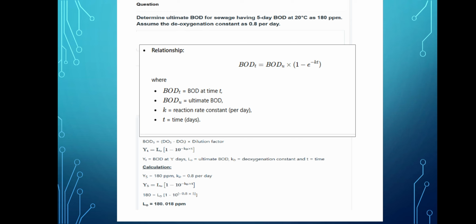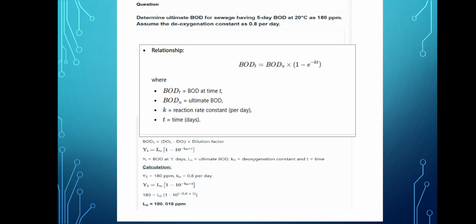In the formula, BODT is the BOD at time t, BODU is the ultimate BOD, K is the deoxygenation constant, and T is the time of the test. In this problem, BODT equals BOD5, T equals 5, BODU we have to deduce, and K is given as 0.8.